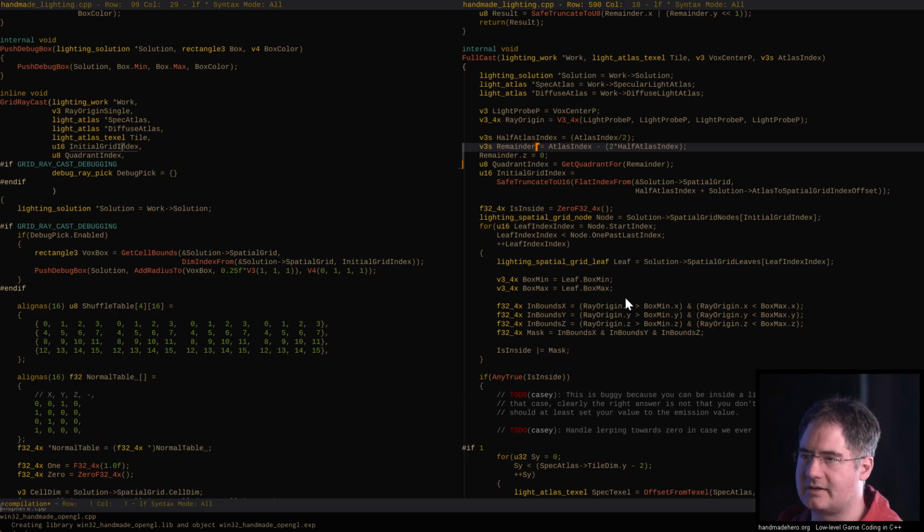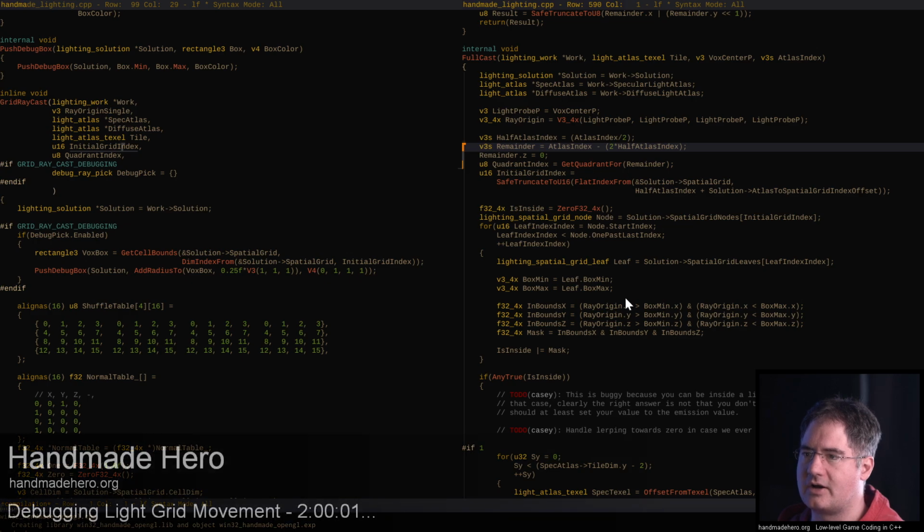Again, this is all kind of stupid, but I'm just trying to figure out the slow movement of this into the other system. We just need to know where this thing is inside the outer cell. That's all we're really looking to determine. So the remainder would really be that. It tells us exactly where we are.